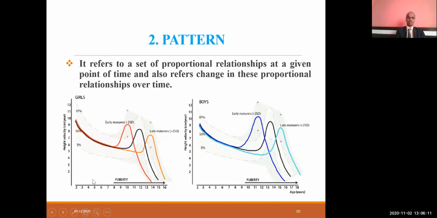But it changes at 5 years, it is around 6 centimeter per year. Whereas at 9 years or 11 years, there is a maximum growth. It is around 9 centimeter per year.